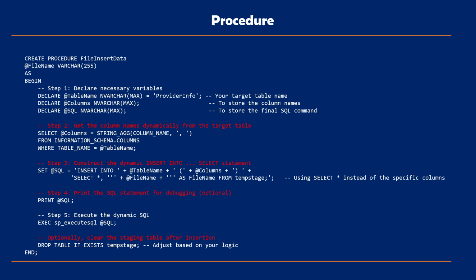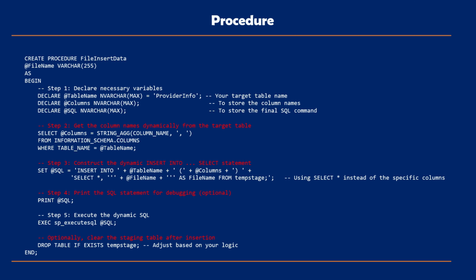In step 3 of the procedure, we construct the dynamic insert statement. Temp stage is a temporary table. Every time we will create this table to load the data from the files, and after processing the files we'll drop this table at the end.